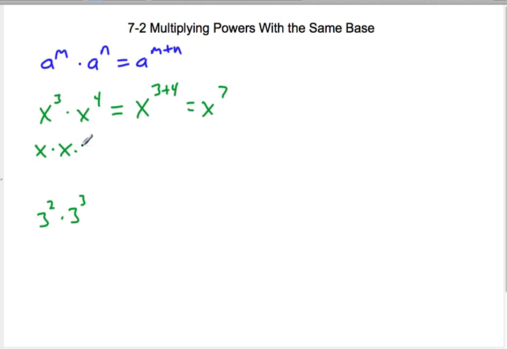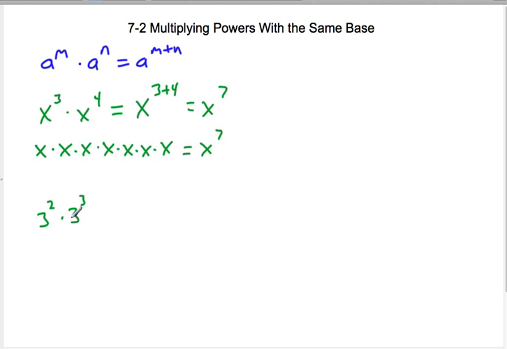So x times x times x, so that's the x to the third, times x to the fourth. So writing it out in expanded form shows you pretty simply that this is x to the seventh. Okay, but this rule will make it easier. Now if you forget the rule, then by all means you should write it out in expanded form so that you get your answer.